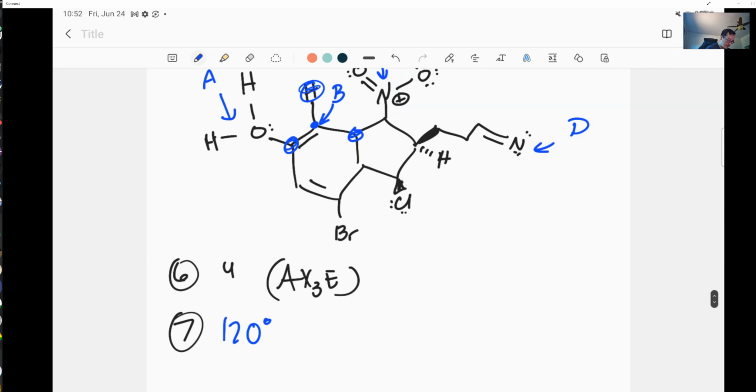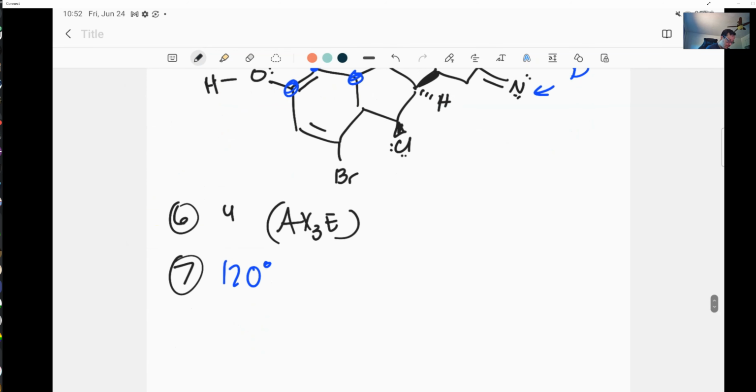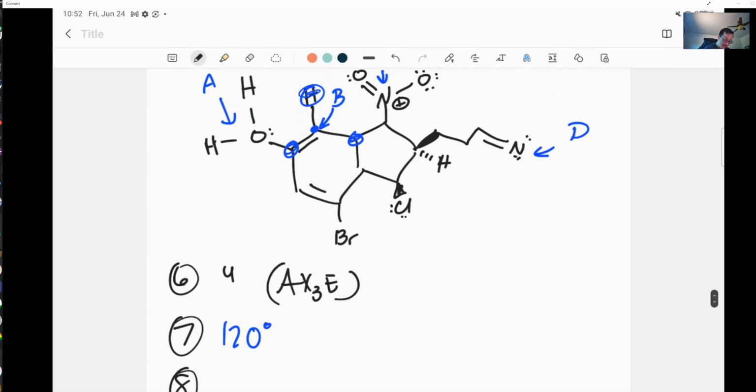That's our next question. So that's this nitrogen on the very right. Again, we can look at this through the lens of hybridization, or we can just simply look at the number of domains and assign geometry that way. Is it bent?